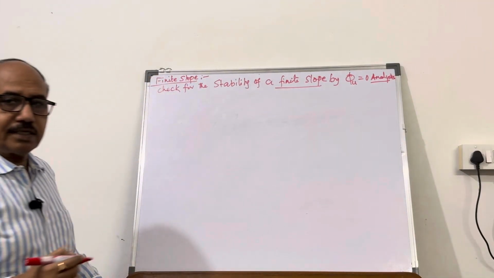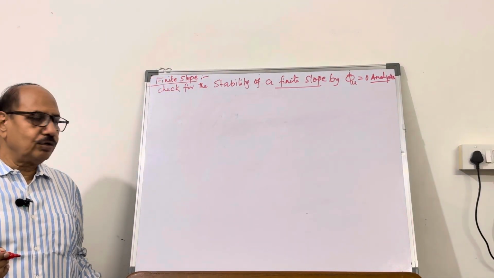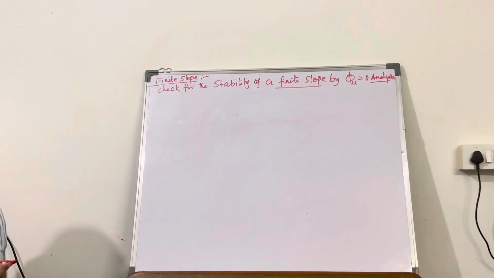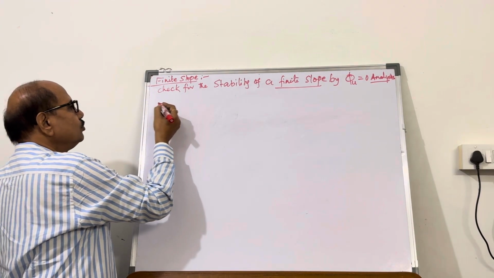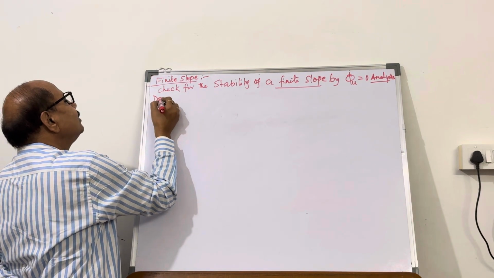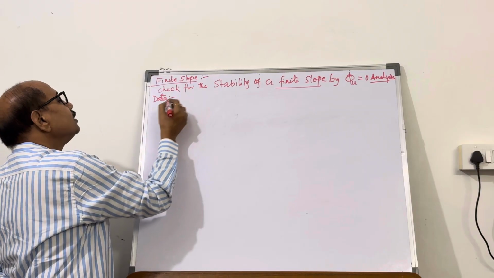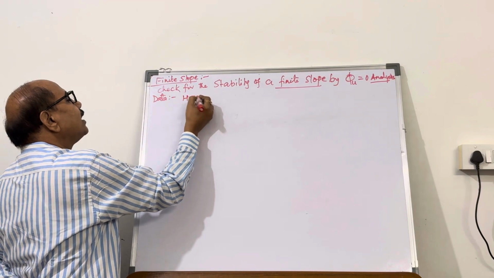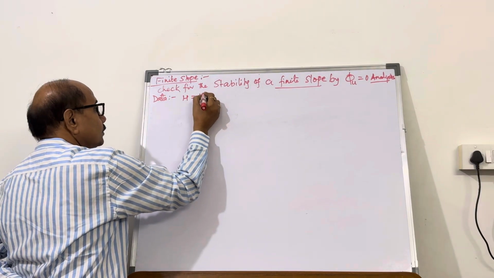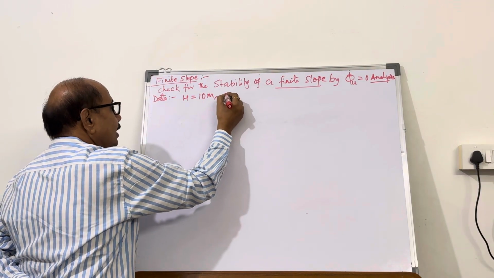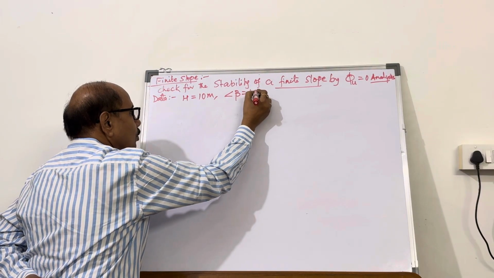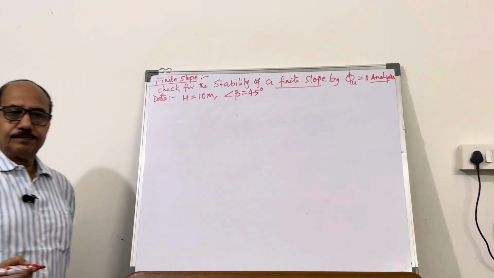So Swedish slip circle method, we all know it, and the information for all the data is given to you. The height of the slope, finite slope, is 10 meter, and the slope angle beta is 45 degree.